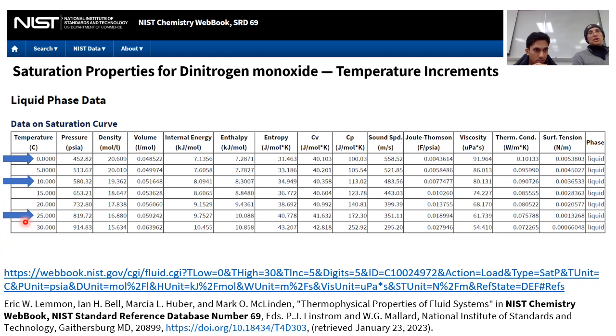One big takeaway from what you're seeing in front of you is that as the temperature changes a relatively small amount by human standards, you'll see that the saturation pressure, the pressure required to keep it a liquid, increases pretty dramatically. So nitrous oxide, while it has a lot of benefits, definitely has one drawback of being extremely sensitive to temperature, at least at first glance.